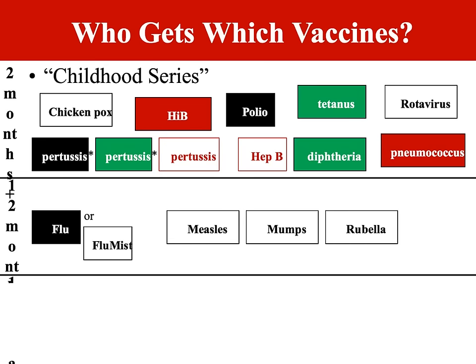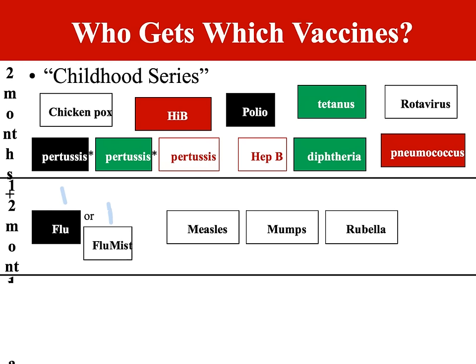All right, so starting at about 6 to 12 months, we add flu shots into the mix if it's seasonally appropriate. You can give infants either the killed flu vaccine or flu mist. Typically, what people tend to do is save flu mist doses because they're more expensive and a little harder to come by for older kids.